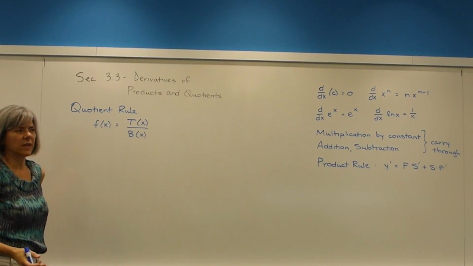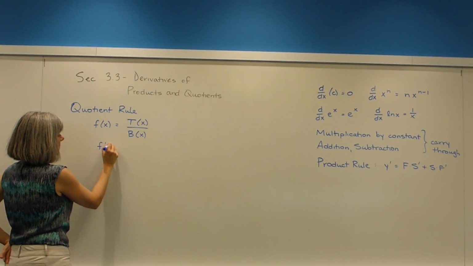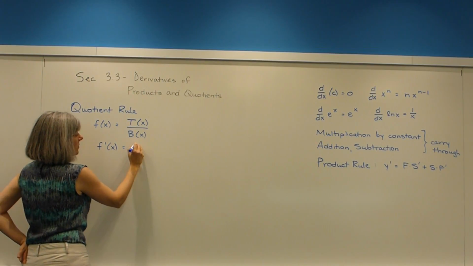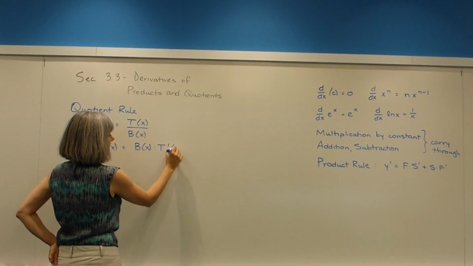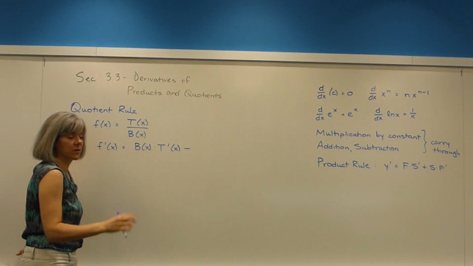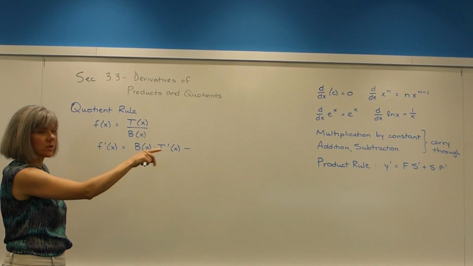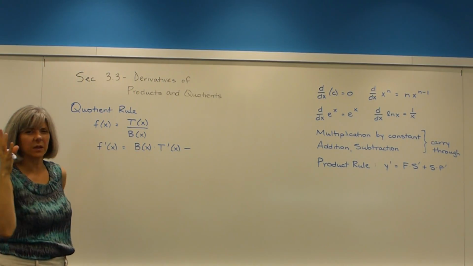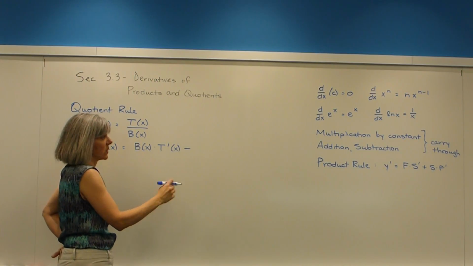We could use numerator and denominator, but it just makes it kind of wordy. So the derivative is the following. The bottom function times the derivative of the top, minus. So there's a negative. Division and negative tends to go together. Multiplication and addition tend to go together. So that's maybe one way to help remember. You have to memorize these, so just go ahead and get on it.